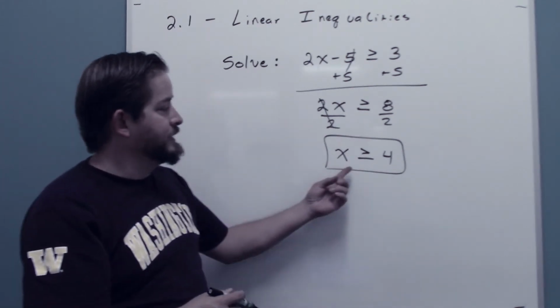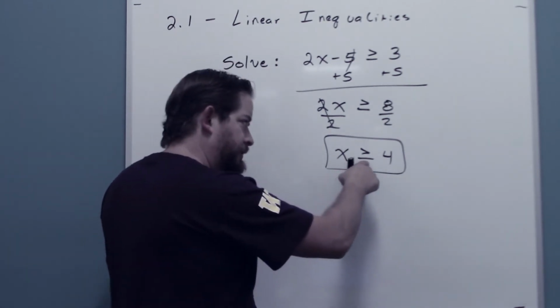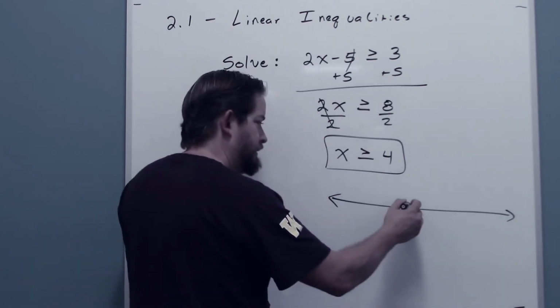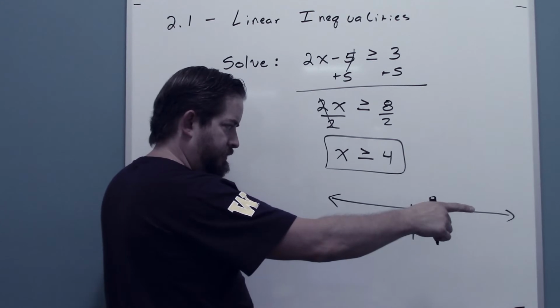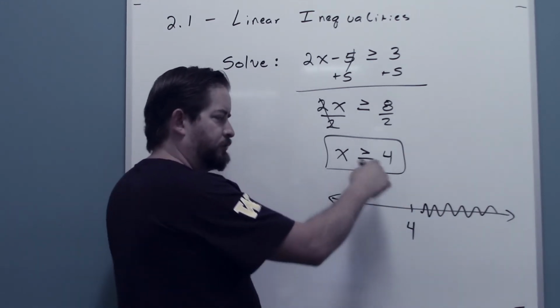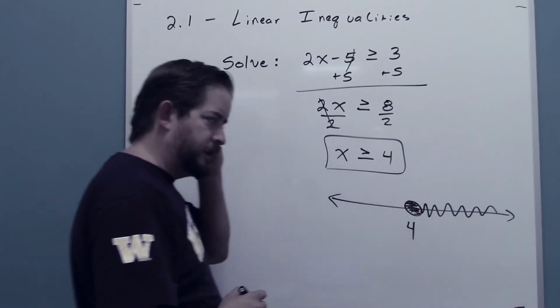So if I want to write this in interval notation, which it asked me to do, right? x is greater than or equal to 4, let's picture it. It's all of the numbers greater than 4, which is all of these guys, but also including 4, so it's a filled in circle, right?